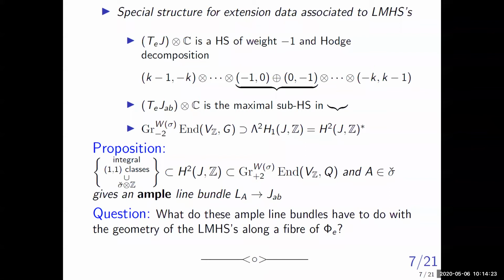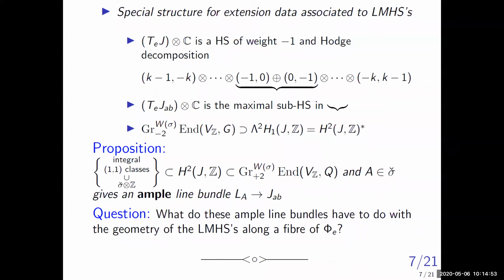And the Hodge decomposition is the one pictured here. It begins at (k minus 1, minus k), and it has weight minus 1. So the sum of p plus q should always be minus 1. Sitting in the middle is the stuff of type (minus 1, 0) plus (0, minus 1).